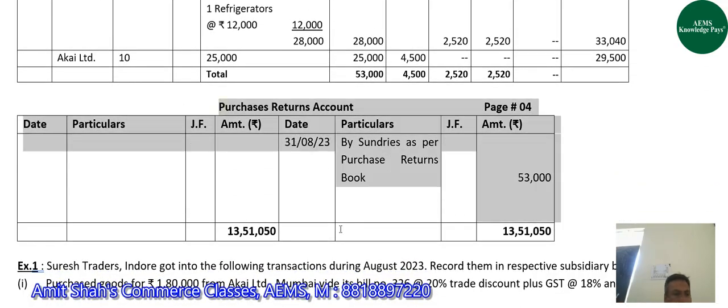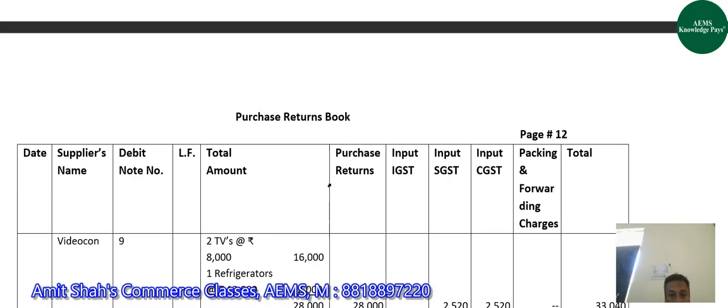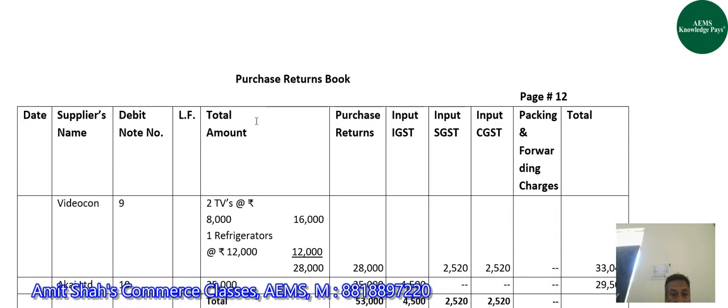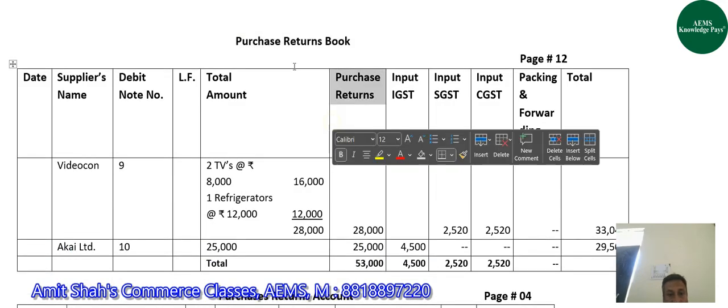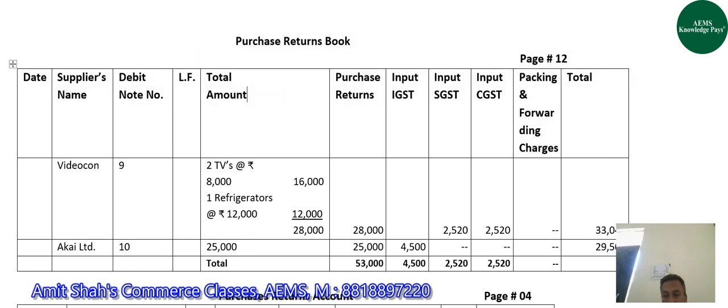So you people have made till purchase return account. But what is the last thing that you have made in your register, guys? Packing and forwarding account. Okay, this one. So you have to start from here, right? Okay. Start making this, guys, all in your registers. Purchase returns book.